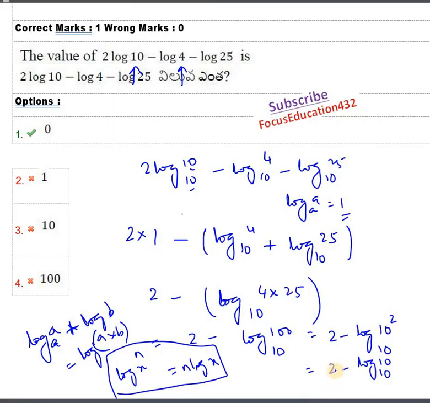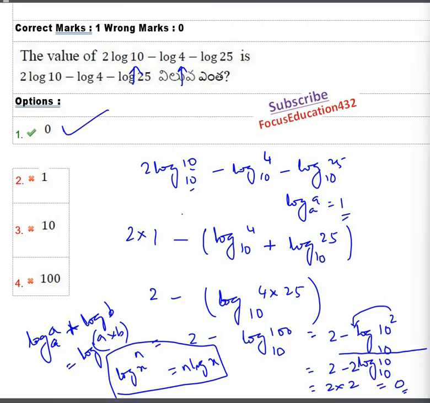The power will come to the left side. So what is 2 minus 2 into 1? Why? Log 10 of 10 is 1. So 2 multiplied by 1 is 2. So 2 minus 2 is how much? It is 0. So what is the answer here? For question number 2, the answer is 0.